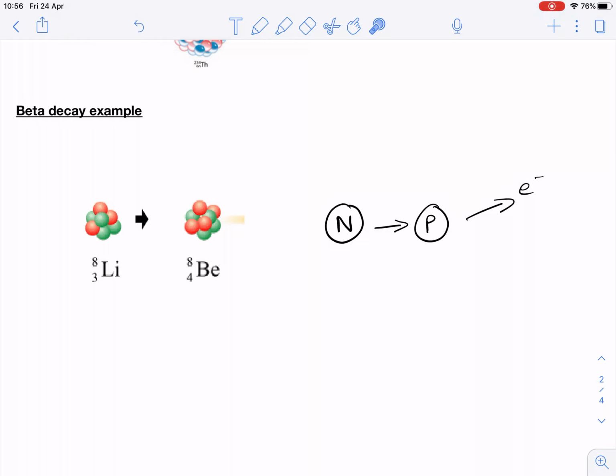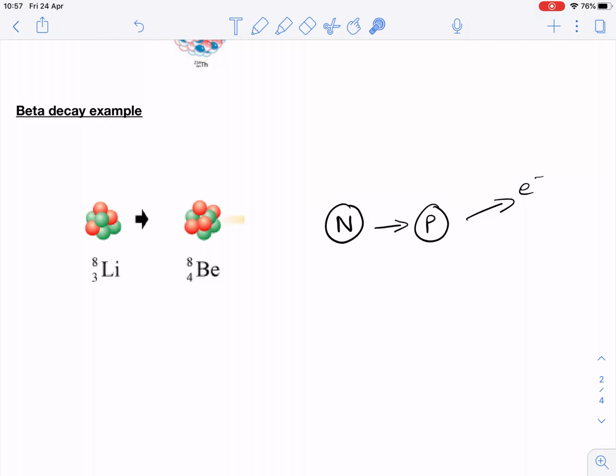But the atomic number will change, because the atomic number, you'll remember, is our proton number. So we're changing from 3 protons to 4 protons. Our atomic number goes up by 1.